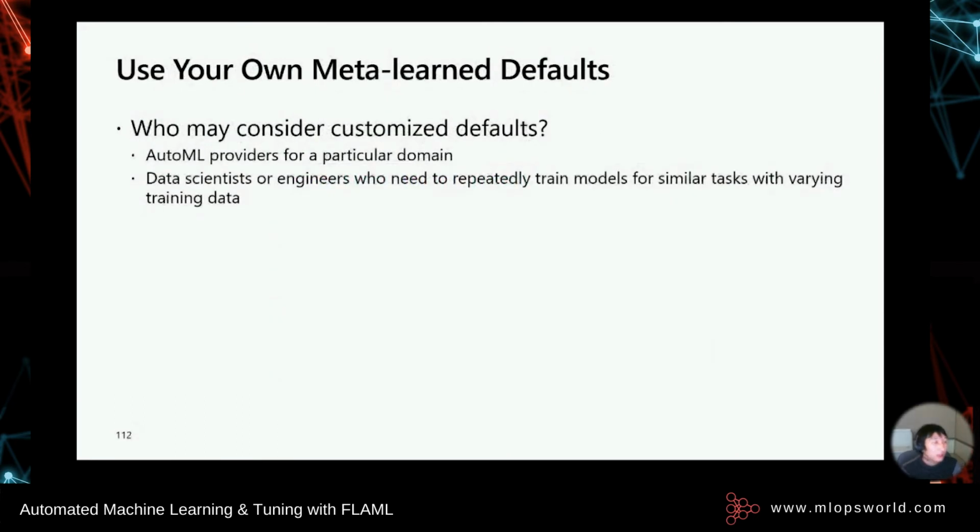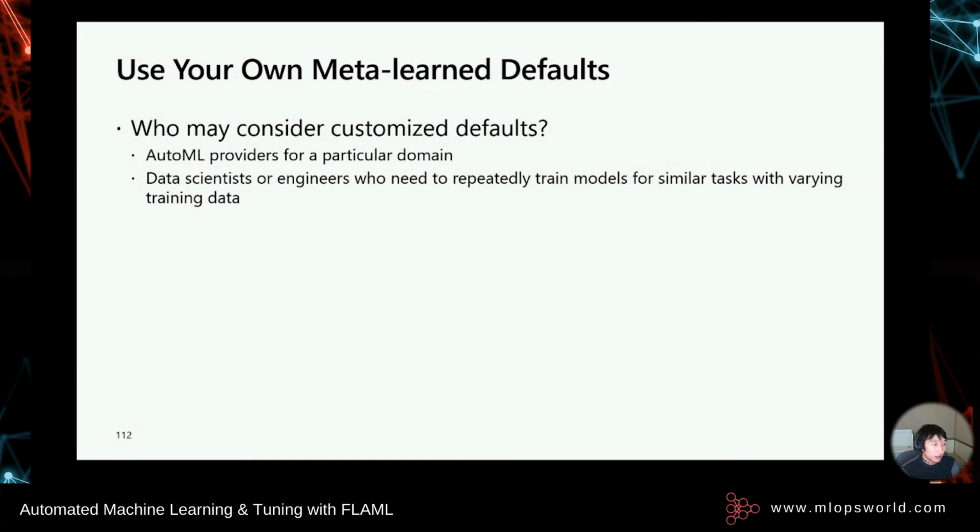The key idea of zero-shot AutoML is that instead of running full hyperparameter tuning from scratch every time, one can leverage the tuning experiences in similar tasks before. While we have offered the meta-learned defaults from tuning experiences of several popular learners on benchmark datasets for classification and regression, you can customize the defaults for your own tasks, learners, and metrics based on your own tuning experiences.